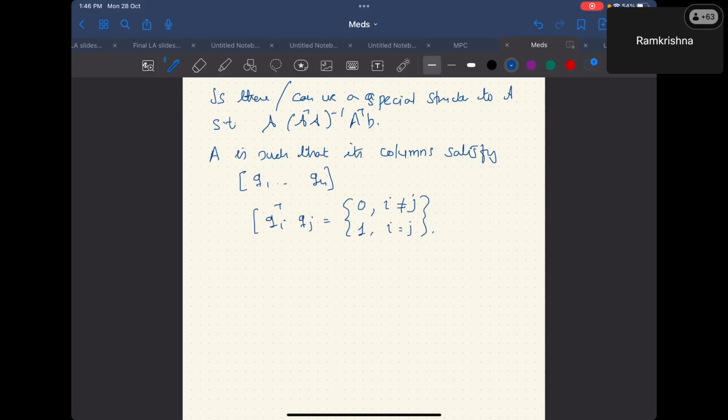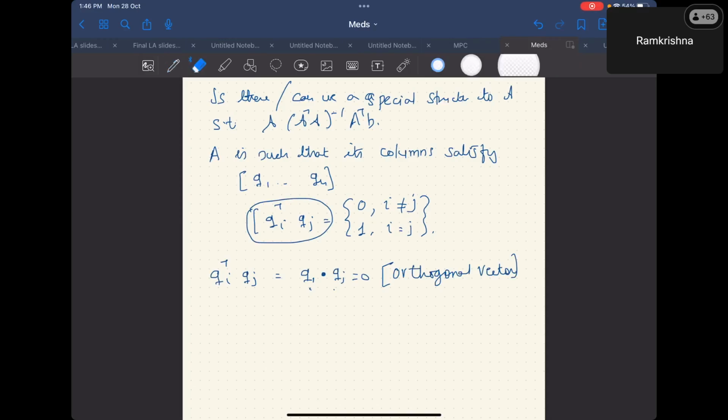So let's start with the first expression here. When I take any vectors, Qi transpose Qj equal to 0 essentially means Qi dot product with Qj is 0, which means these are perpendicular to each other. And more generally, these are also called orthogonal vectors, vectors which are orthogonal to each other.